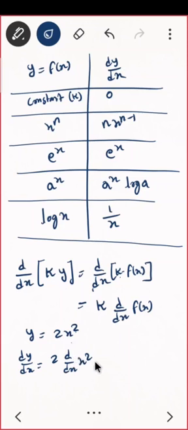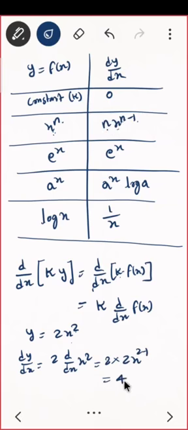So what is the derivative of x square? We know that the derivative of x raised to n is n x raised to n minus 1. So if we put 2 in place of n, what will come? This 2 is outside. The derivative of x square, with n equal to 2 put in, will be 2 x raised to 2 minus 1, correct? So what is that?